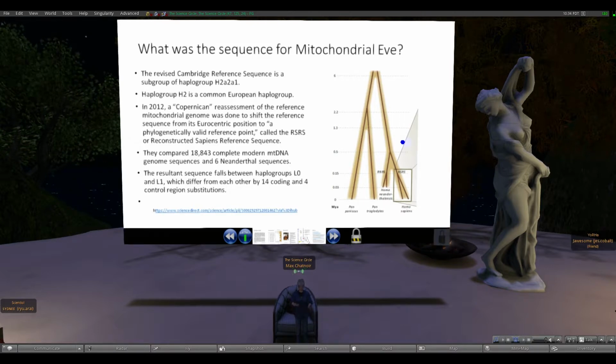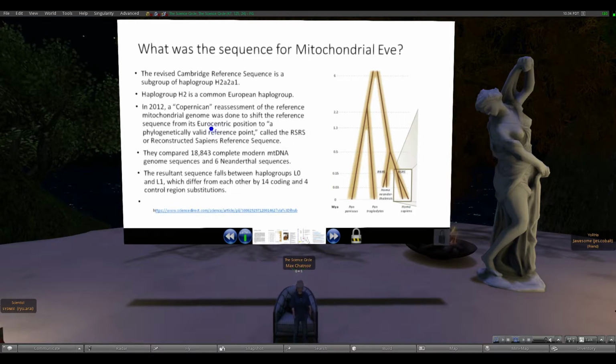So in 2012, there was a coalition of scientists, Doron Behar and Mannis van Oven, and a bunch of others from several different countries, that proposed what they called a Copernican reassessment of the reference mitochondrial sequence. What they wanted to do was to shift the reference sequence from its Eurocentric position to what they called a phylogenetically valid reference point.